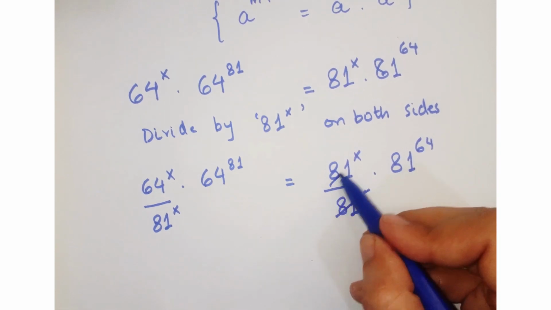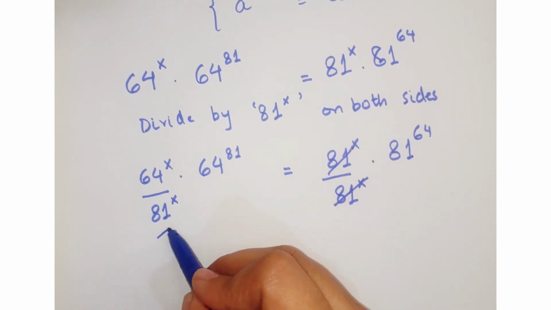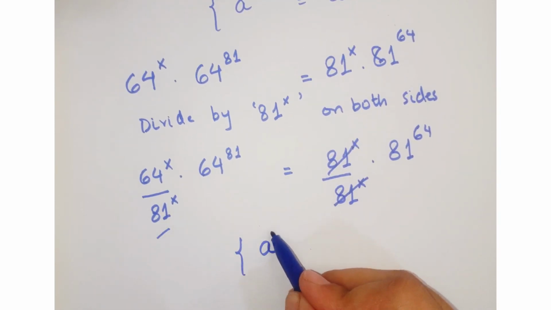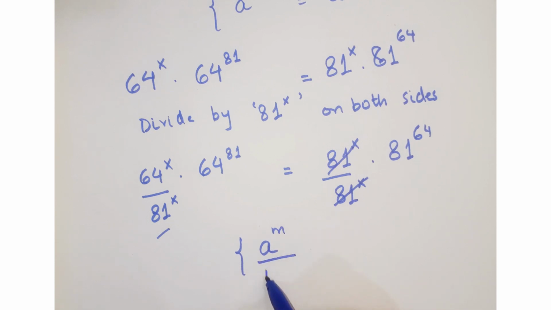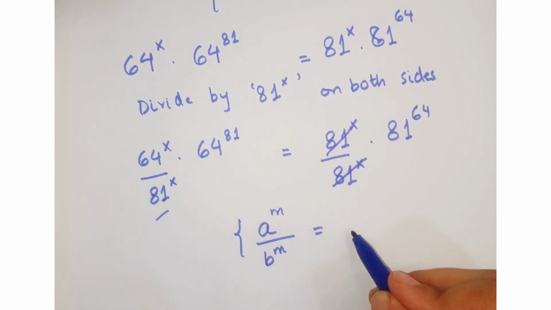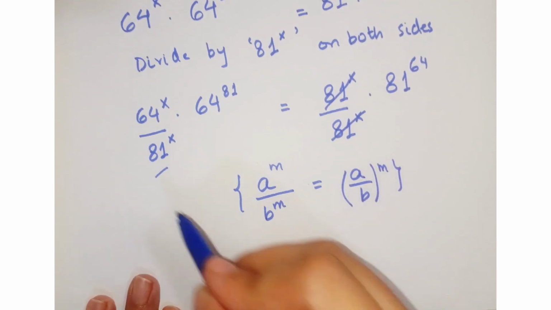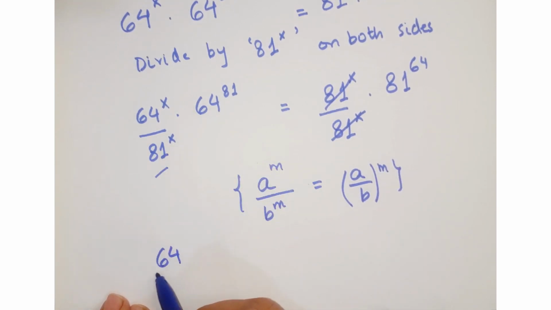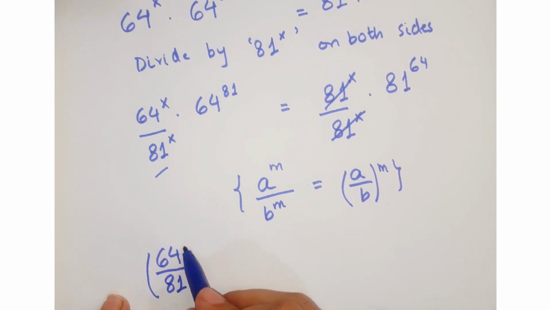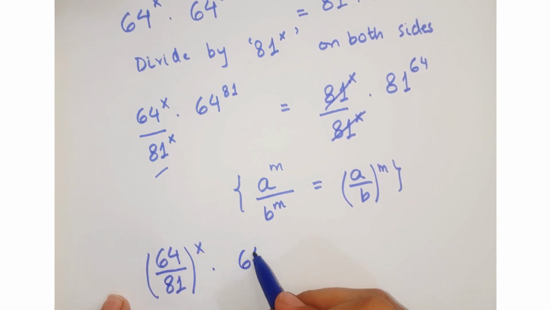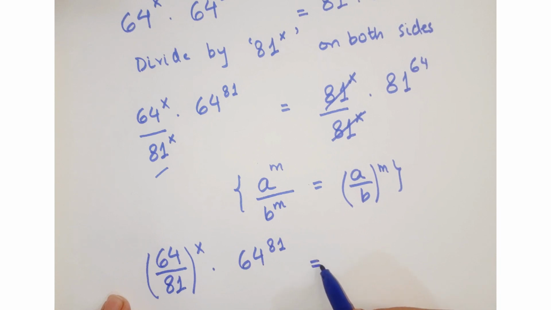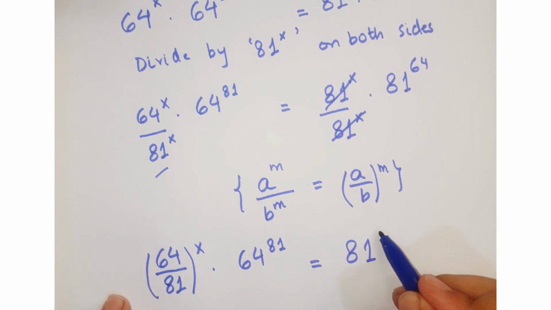Now this term and this term get cancelled, and for this, as you know that a to the power m upon b to the power m can be written as a upon b whole to the power m. So we can write this as 64 upon 81 whole to the power x into 64 to the power 81 is equal to 81 to the power 64.